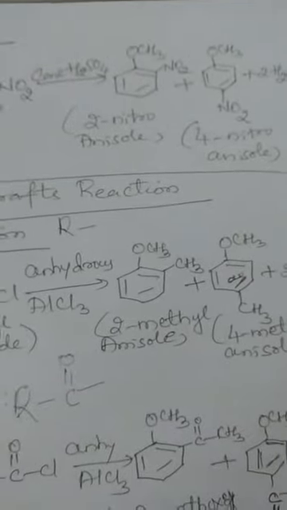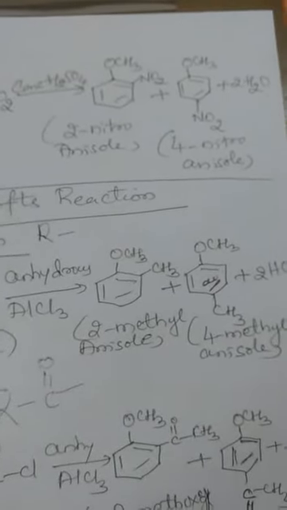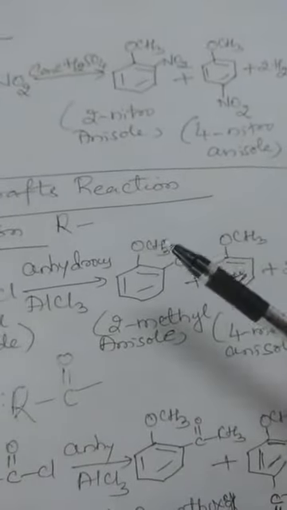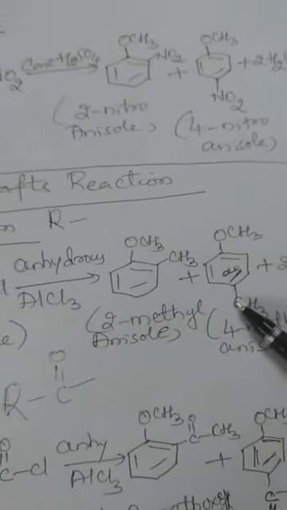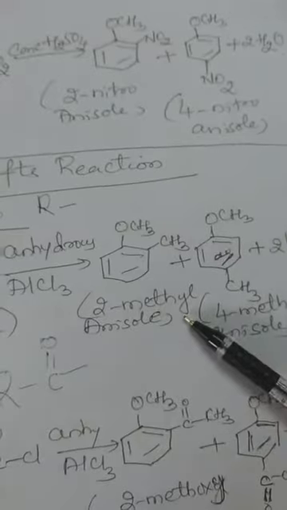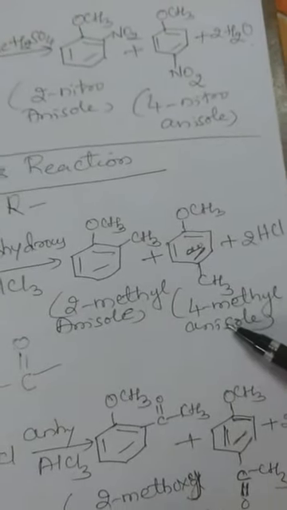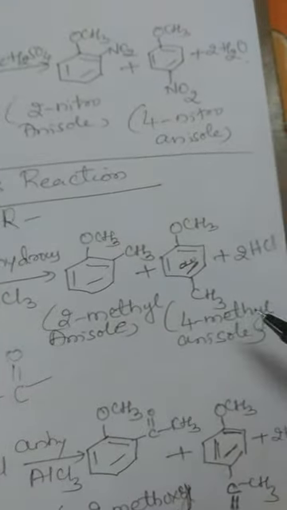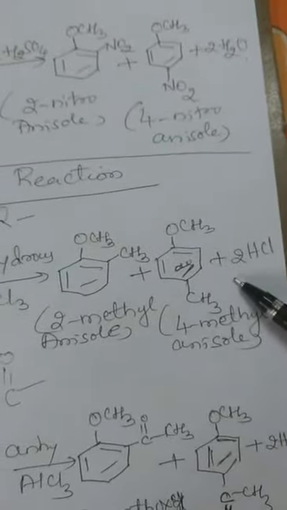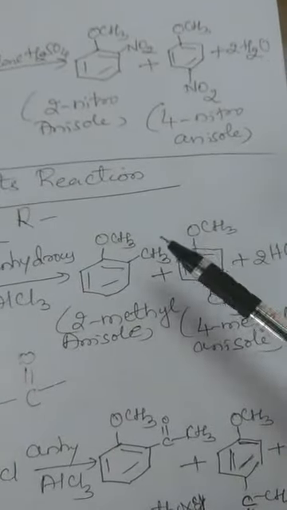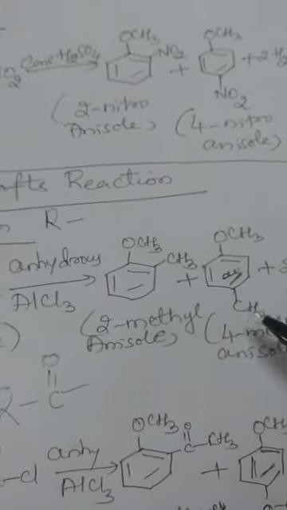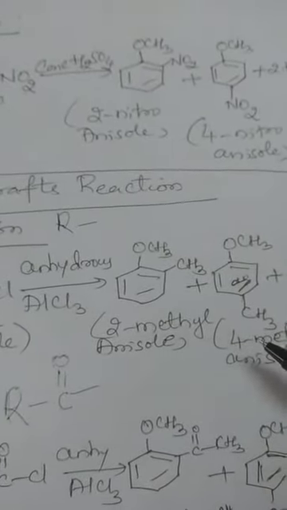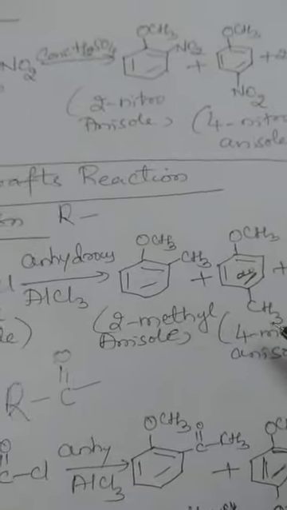With one molecule of anisole, the methyl group is introduced at the ortho position. With the second molecule, the methyl group is introduced at the para position. So this is 2-methyl anisole and 4-methyl anisole, if you use the locant, with the elimination of 2HCl as the byproduct. So an alkyl group is introduced into the aromatic ring, therefore it is called the Friedel-Crafts alkylation reaction.